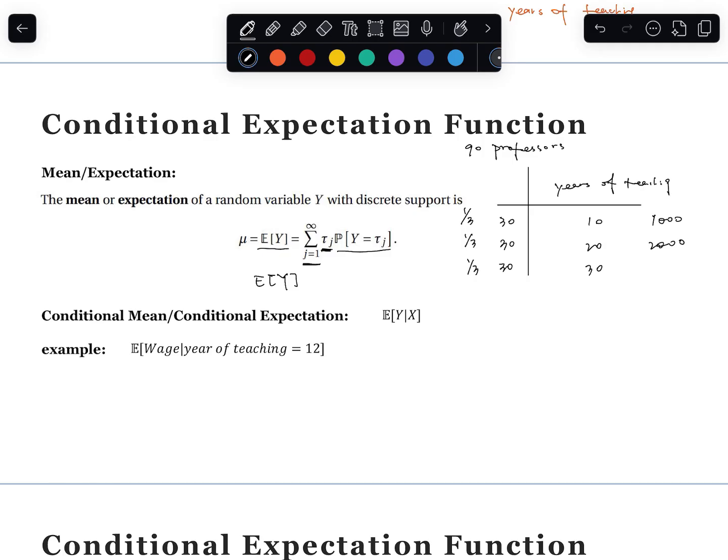And then we can compute the average income of these professors. The probability of the income 1,000 occurring is just 1/3, and also for 2,000 and 3,000.